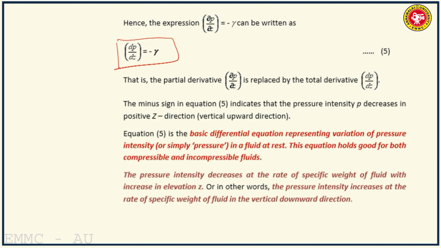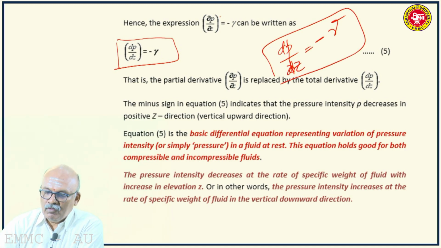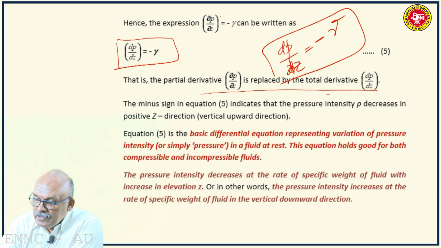And therefore, P varies only with respect to z. Therefore, we can afford to replace the partial derivative by the total derivative. So you have dP/dz equal to minus gamma.